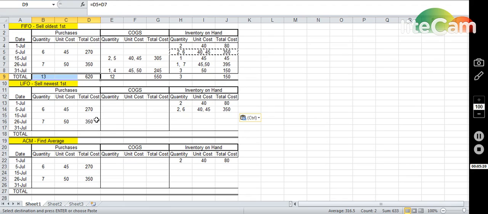And on July 15th, we're going to sell, again, 7 units. What 7 will I sell? So I want to sell the newest first, so I'm going to sell the 6 for 45, and then I'll need 1 at 40.